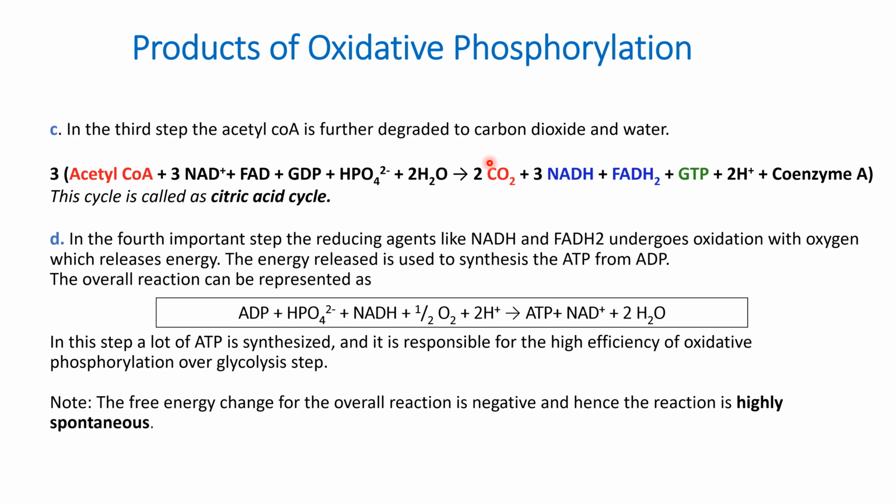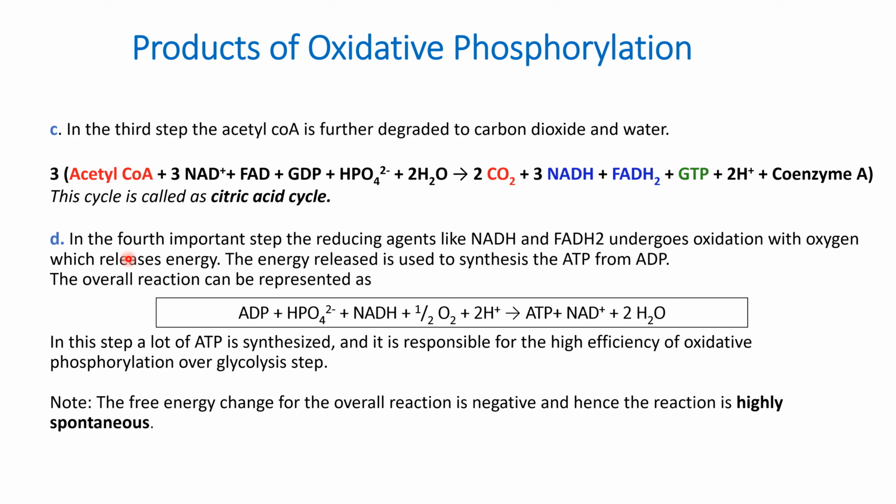More molecules of carbon dioxide we get there, and NADH, FADH2, which are the reduced forms, then GTP, 2 H positive, coenzyme A. This cycle is called the citric acid cycle, right? And we have seen that this was from acetyl CoA as the fuel molecule or the starting point. Acetyl CoA then adds into the citric acid cycle. So this is the step which we have discussed in the citric acid cycle.